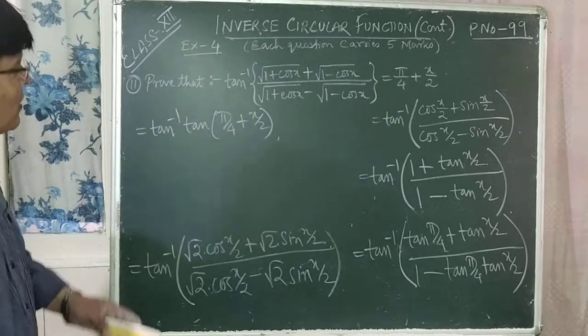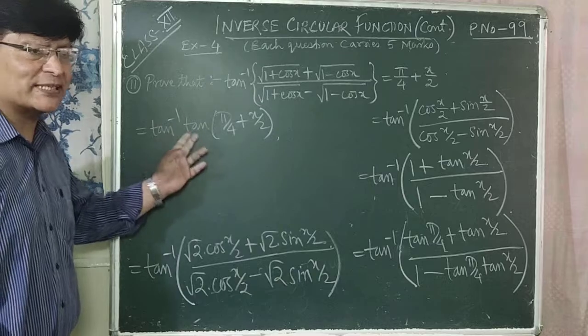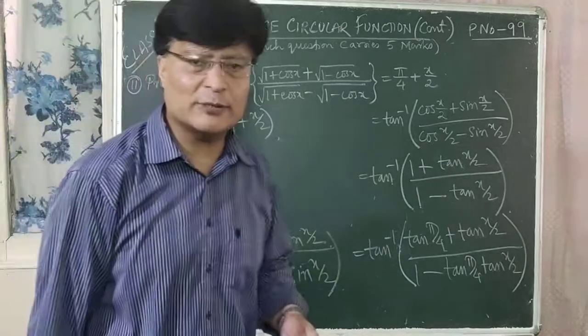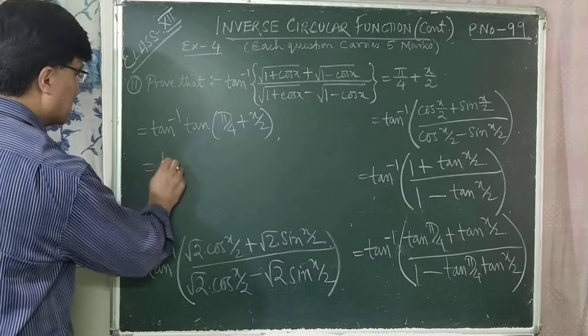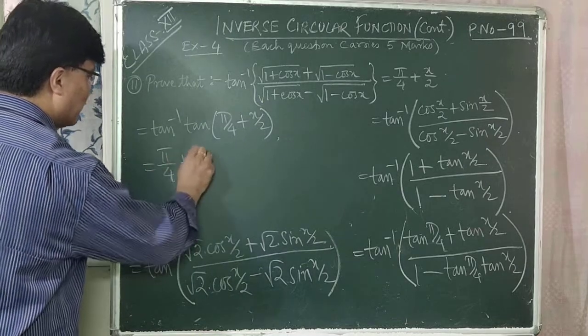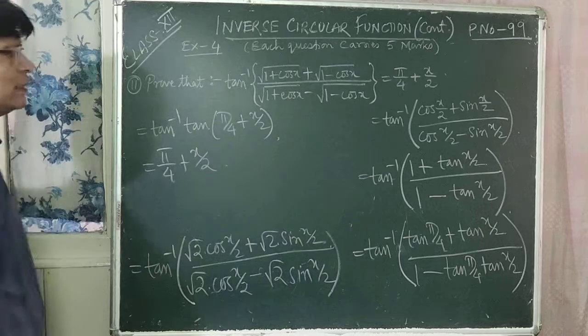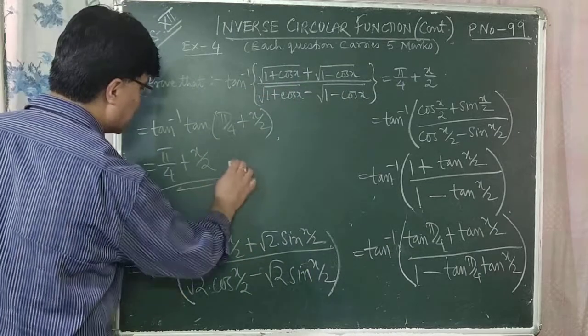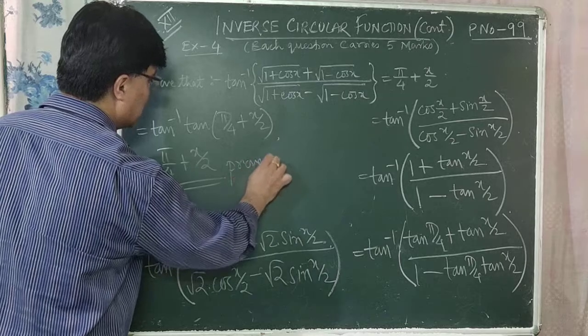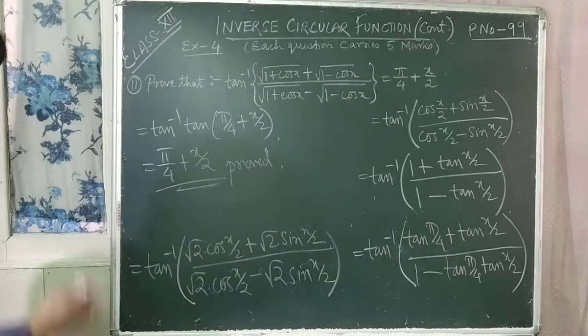Is that clear? Now this is the form tan inverse tan x. If there is tan inverse tan x, what should you write? Only x. So in this case, it will be pi by 4 plus x by 2. So this is the answer. So we got the correct answer, isn't it? So it is good. Okay. So we can copy it.